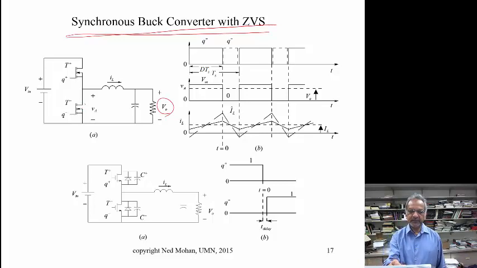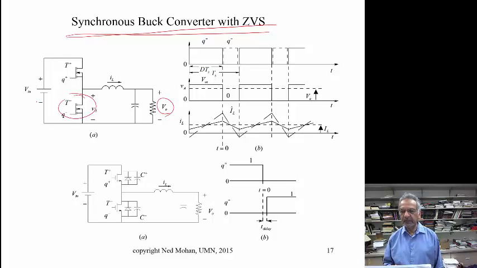We rather use a FET here, and we can have very low RDS on at low voltages, and therefore it results in higher efficiency. So these synchronous buck converters are used, and these are covered in the previous course, but here what we are looking at is providing zero voltage switching in this synchronous buck converter.